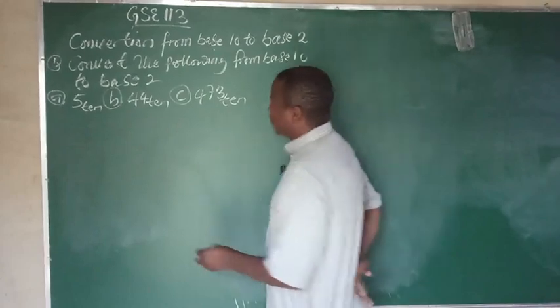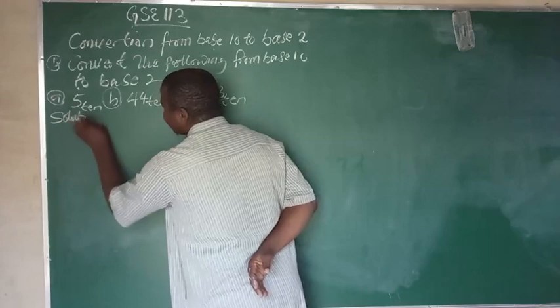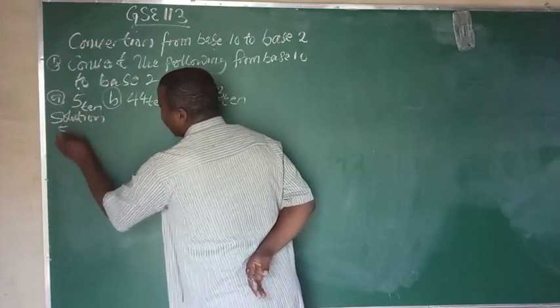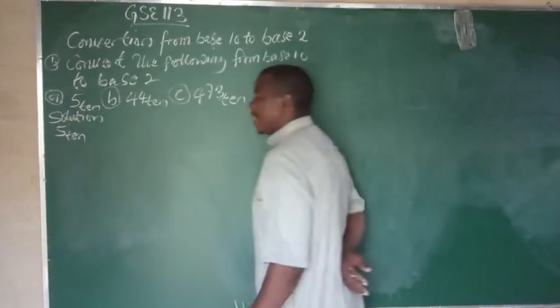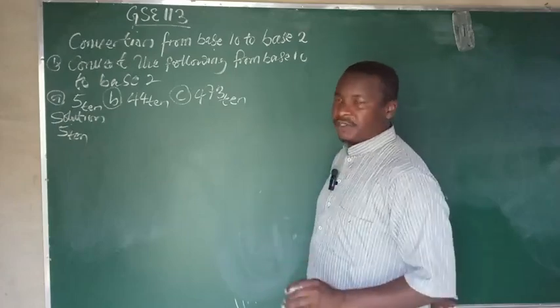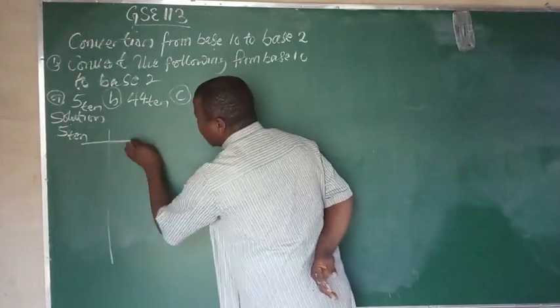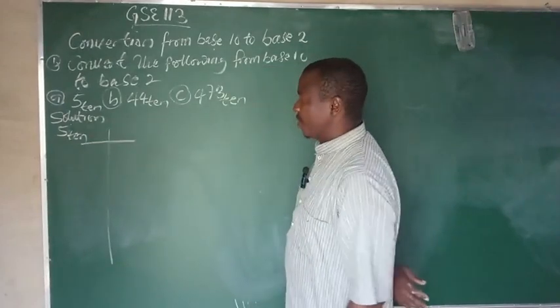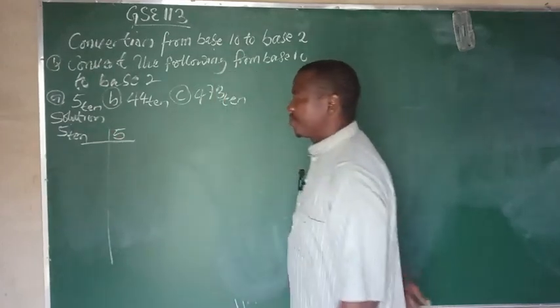So what are we going to do? The first step of the solution: we have our 5 base 10. Remember I told you it is done by repeated division. Therefore, we draw a line like this. We write our 5 here.